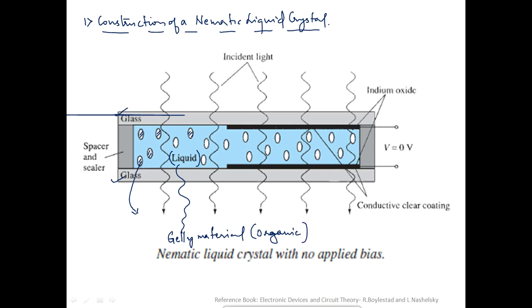Normally almost all the jelly organic materials possess rod kind of molecular structures within them. So these white colored oval shaped structures indicate those cylindrical rod kind of structures. Fine.